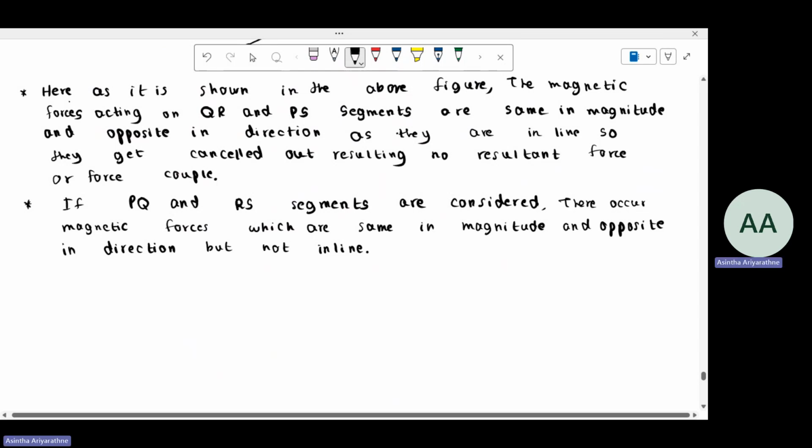Therefore, since they are not in line, they produce a force couple.